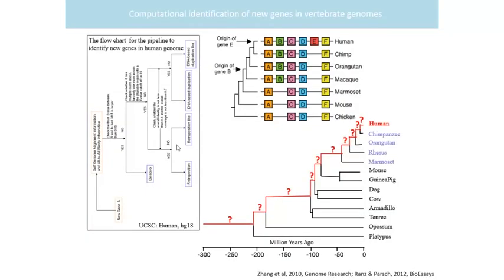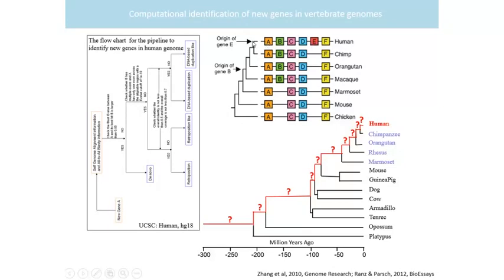Using a similar pipeline I just introduced in the last section, we identify the new genes in a group of vertebrate species using the principle we showed in the insect. Gene A, the old gene, is available everywhere. But B only appears in 4 species, so we know that B originated at this time, the origin of gene B. And if a human being only has a gene E, then that gene only appeared after human diverged from chimpanzee.